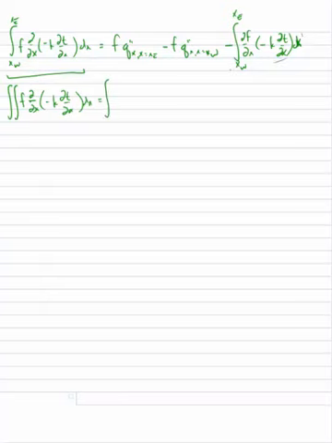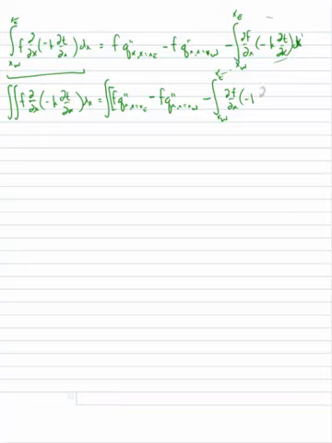So this is f times the heat flux in the x direction at x equals x east, minus f times the heat flux in the x direction at x equals x west, minus the integral from x west to x east of df/dx times minus k dT/dx times dx, and this whole thing integrated with respect to y.